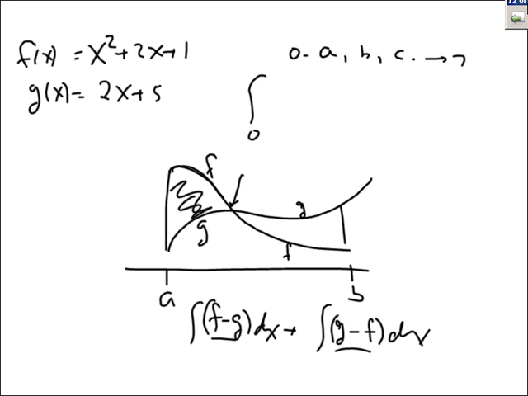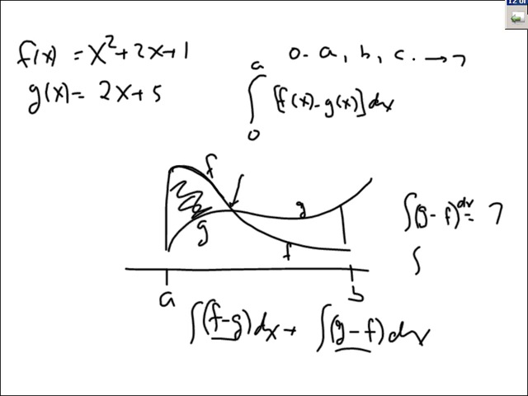So we can integrate from 0 to A, and we do f of x minus g of x dx. But maybe g should have gone first. If it turns out that g minus f is 7, then f minus g will just be negative 7.